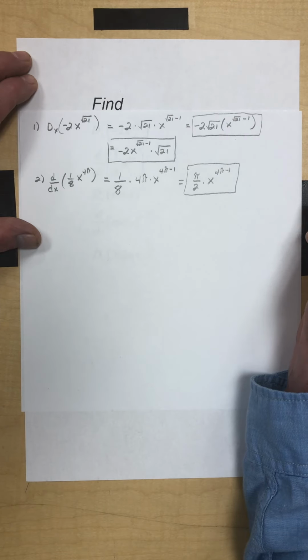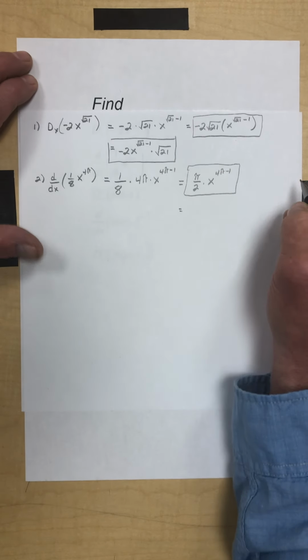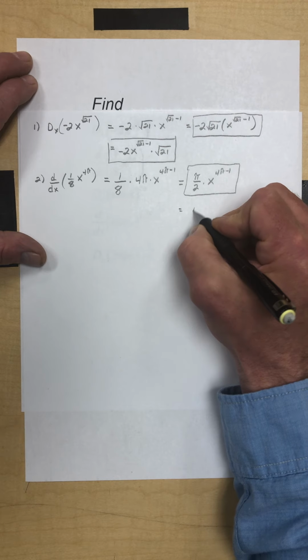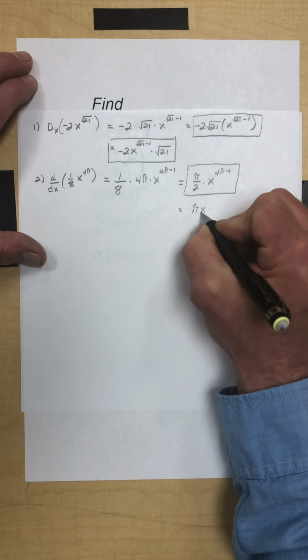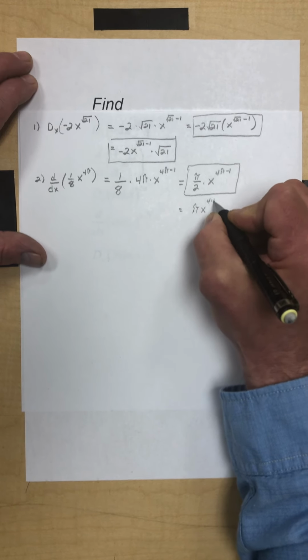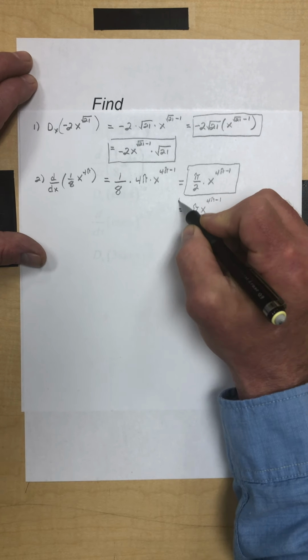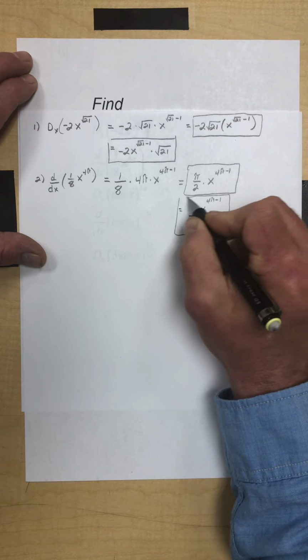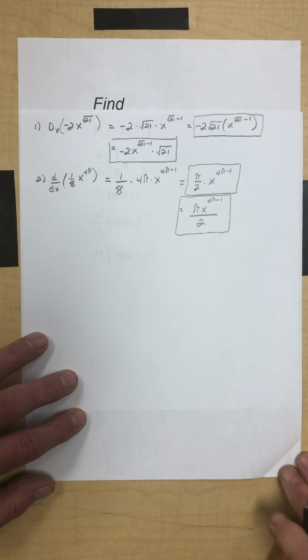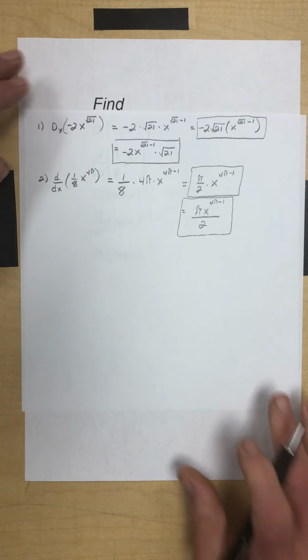What else could we do? We could put it all as one big fraction. So I could just write it as pi x to the 4 pi minus 1 power all over 2. You could write it like that. Either way, I think is fine. I don't think one is better than the other. So we're good there.